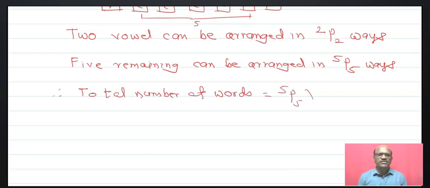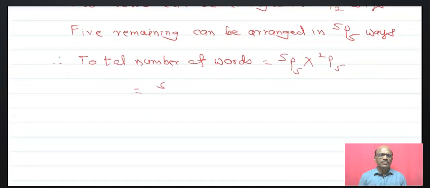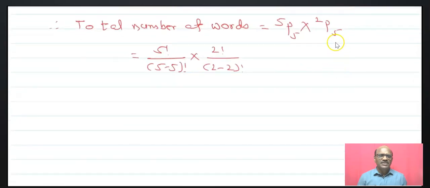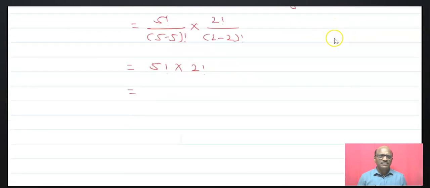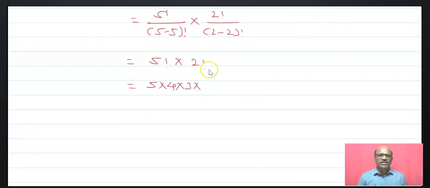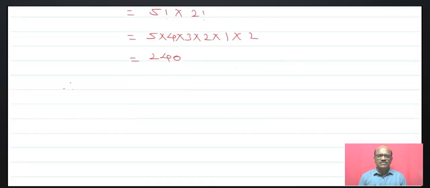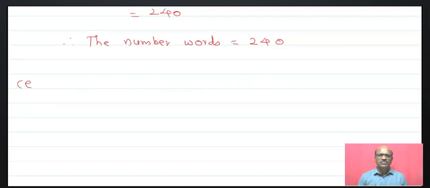Therefore, total number of words is 5P5 into 2P2. That is 5 factorial into 2 factorial, 5 into 4 into 3 into 2 into 1 into 2, and its product is 240. Therefore, the number of words is 240.